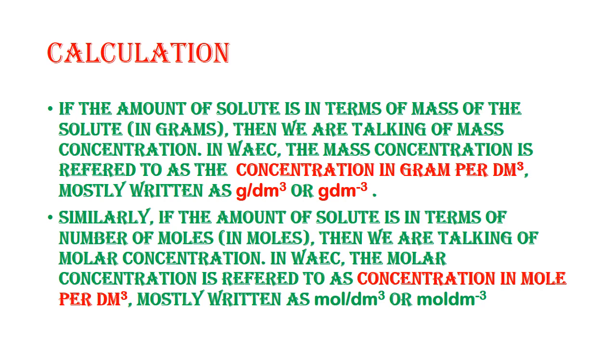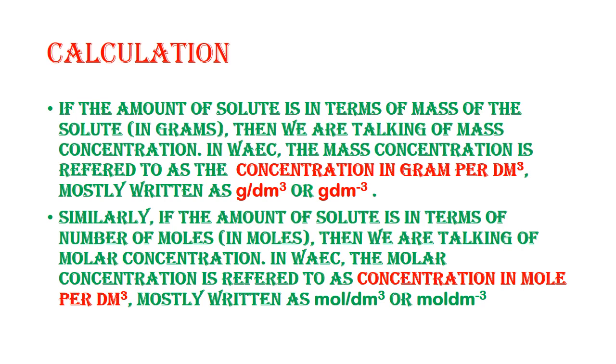The kind of concentration depends on what physical quantity you are using to quantify the solutes present in that solution. Do you get it? So if we're using mass to quantify the amount of solute dissolved in that solvent, the kind of concentration we're talking about is the mass concentration. But if we use number of moles instead, we are talking about molar concentration.